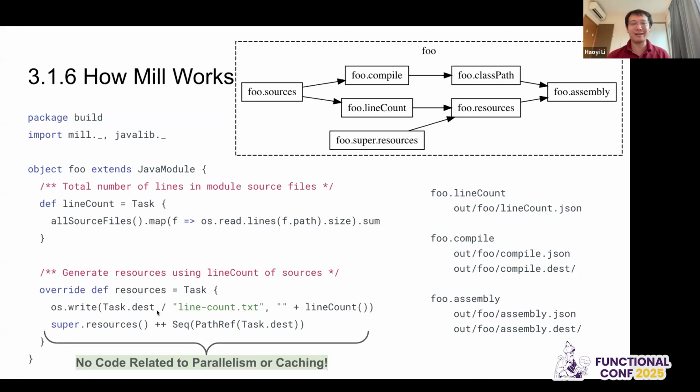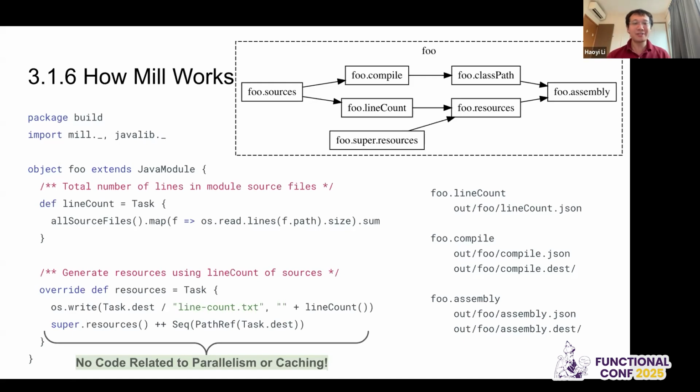Resources, I create a new file and return it as part of my resources path. You don't see threads, you don't see semaphores or locks, you don't see futures or executors, thread pools. From the caching side, you don't see computation of cache keys, you don't see cache reads and cache writes, you don't see writing to cache files and all that. All of that is managed for you by the Mill framework.